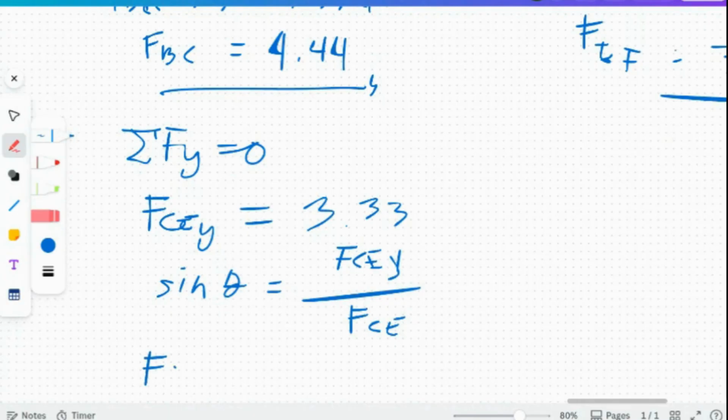To solve FCE, you can solve it as 3.33 divided by sine 36.87. You will get 5.55.